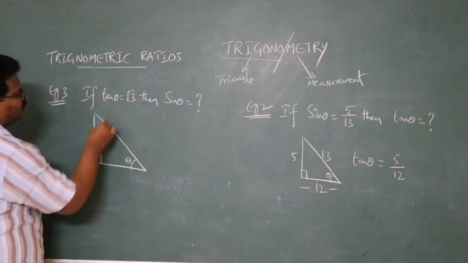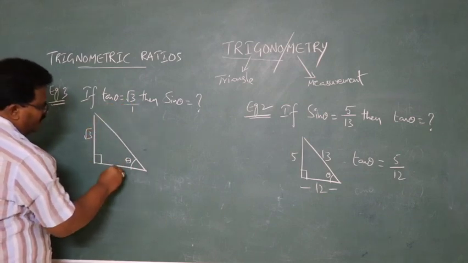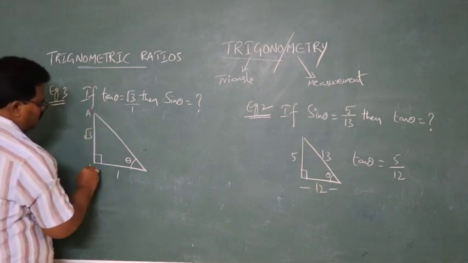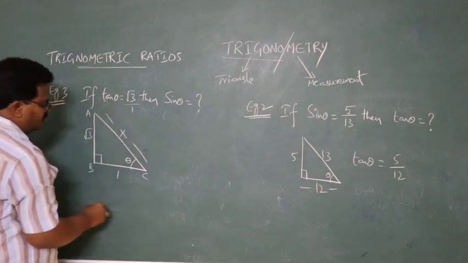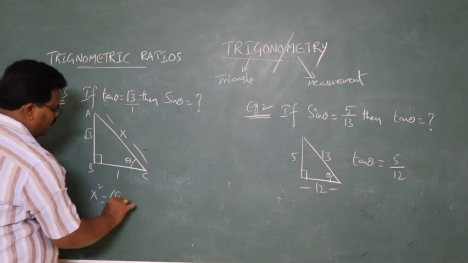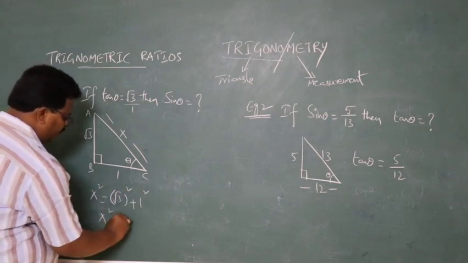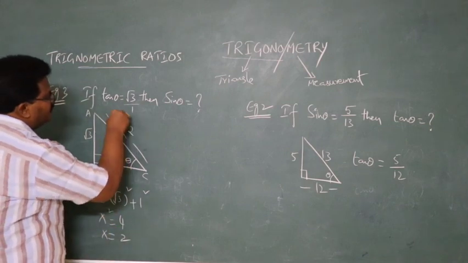Tan theta is root 3, that is root 3 opposite by adjacent. Then how to find the hypotenuse? We already discussed this. Take it as x. X square equals root 3 whole square plus 1 square. That is x square equals 4, so x equals 2. So the hypotenuse value is 2.